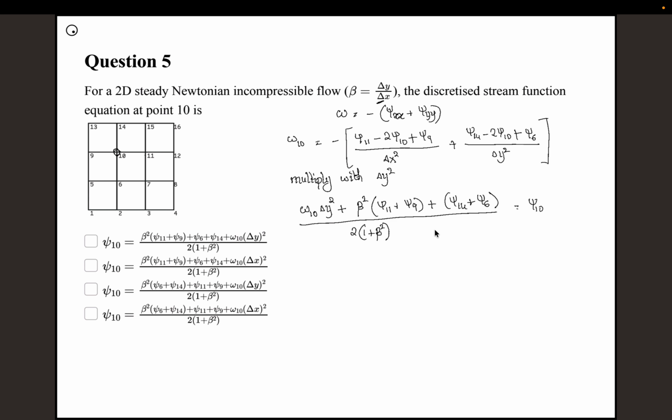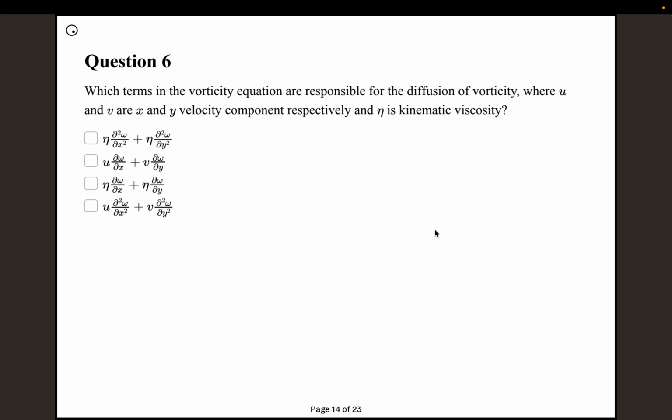Okay, which option is this? Which terms in the vorticity equation are responsible for the diffusion of vorticity, where u and v are x, y velocity components respectively and eta is the kinematic viscosity. So the viscosity terms are always the one that we saw in the governing equation, something of this form.